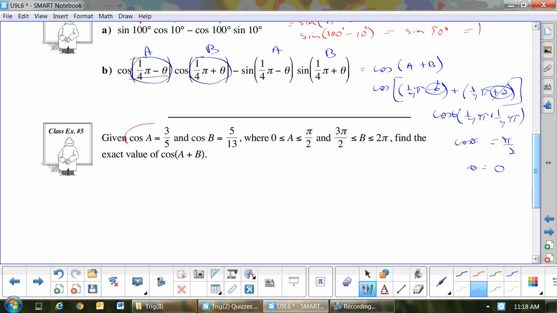It says if cos A is 3 over 5 and cos B is 5 over 13, and it tells you where A is, it's between 0 and pi over 2, and it tells you where B is, between 3 pi over 2 and 2 pi. No, 0 and pi over 2. We know that as quadrant. This is quadrant 1. And what is the other one talking about?